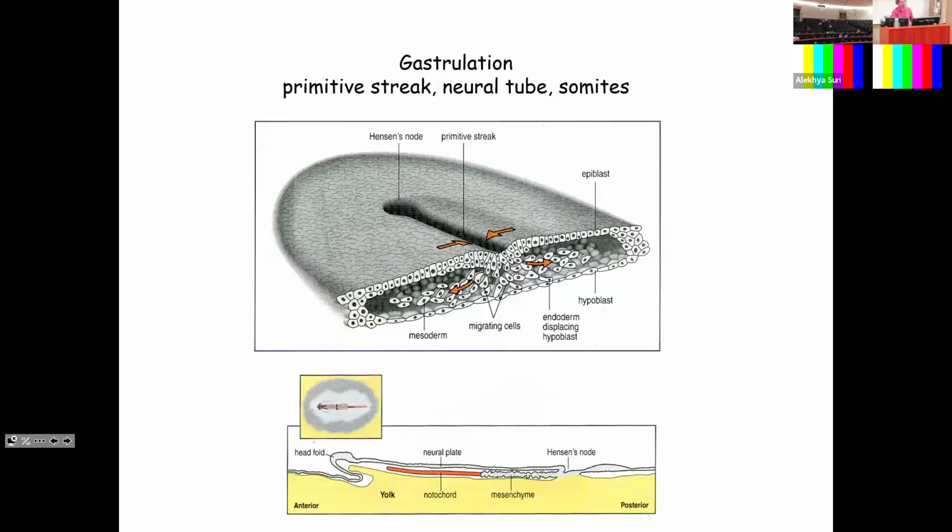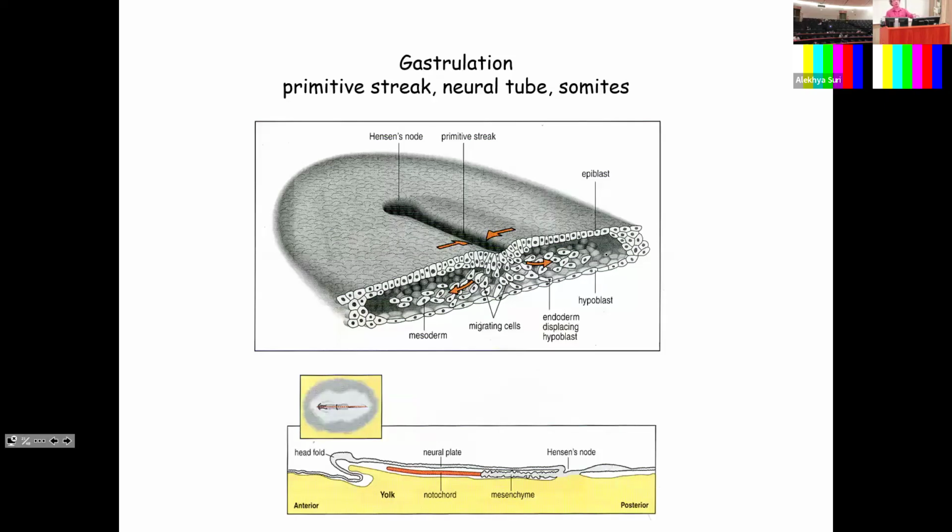It's a streak that goes alongside our vertebrae here, our spine. So this is what happens. There is a movement in and out underneath of the ectoderm. And when they egress or come out, those cells are converted into mesodermal cells.